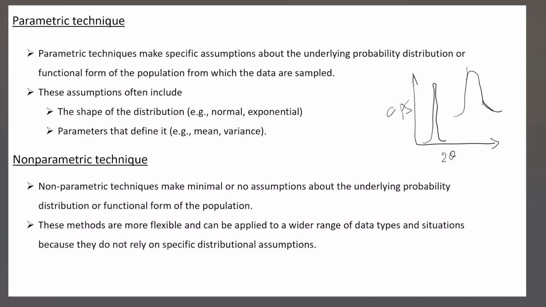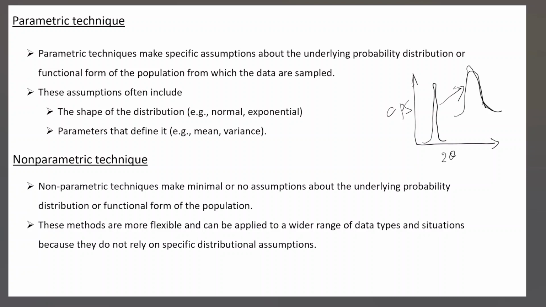Where the frequency is sharp at the end. So in this case, what we are doing is assuming a function, like a Gaussian function, to fit this profile.